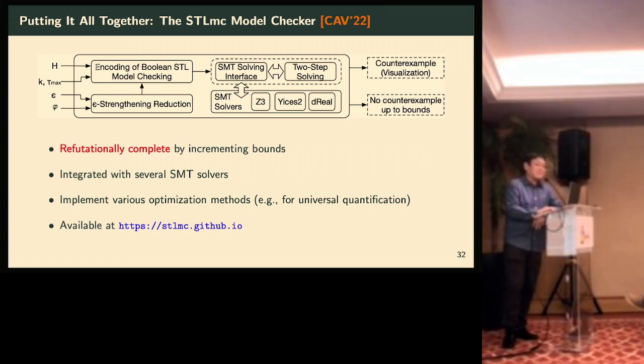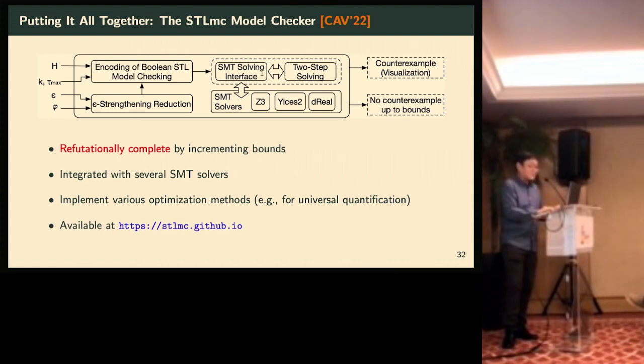Then, as I mentioned, using the previous theorem, we can have an encoding of Boolean STL model checking. Then using the robustness threshold, we can epsilon-strengthen this formula. By combining them, we now have an SMT encoding of robust STL model checking.